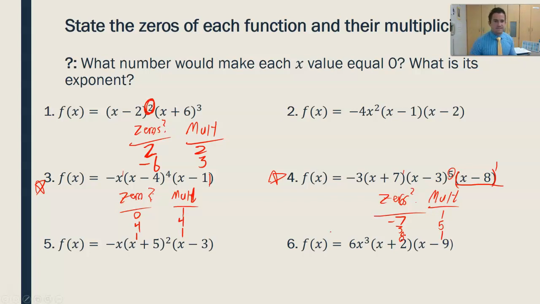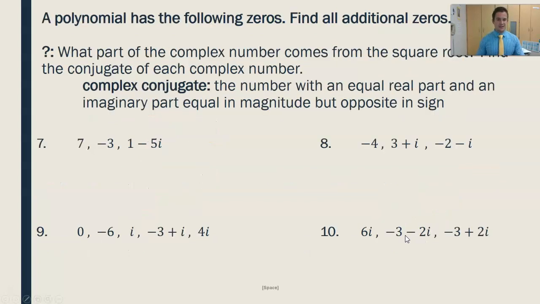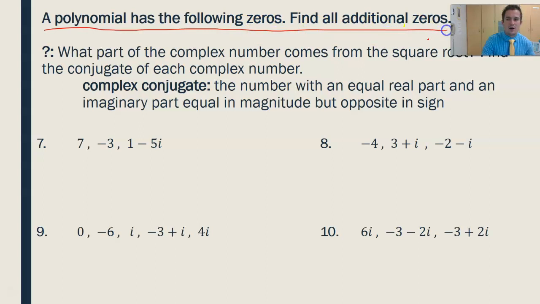Okay. So that's how we determine the zeros of a function and their multiplicity. The last section here I want to discuss is finding additional zeros. So if a polynomial has the following zeros, find all additional zeros. Without a function, it can be kind of hard to determine what the zeros of that function are.